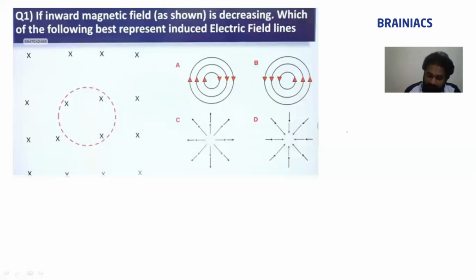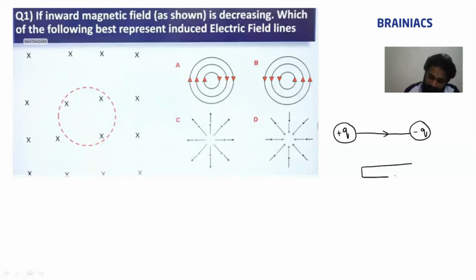From a positive charge the electric field lines emerge and end at a negative charge. We don't get any closed loop here.